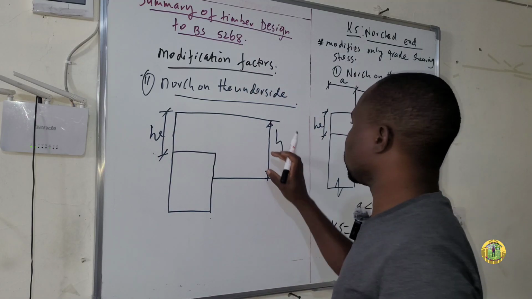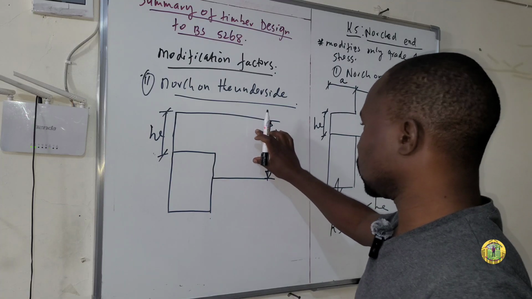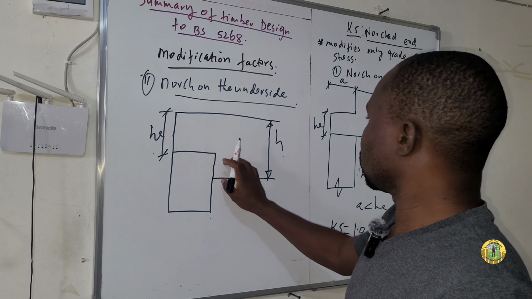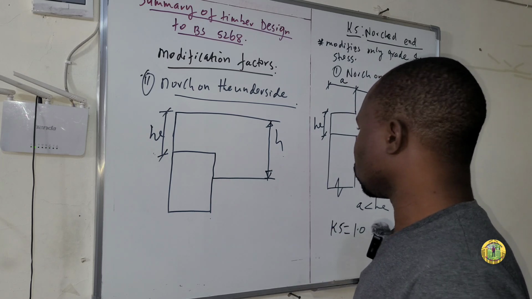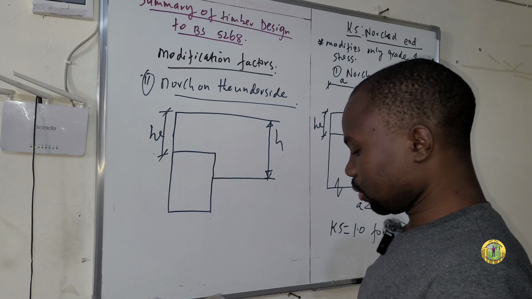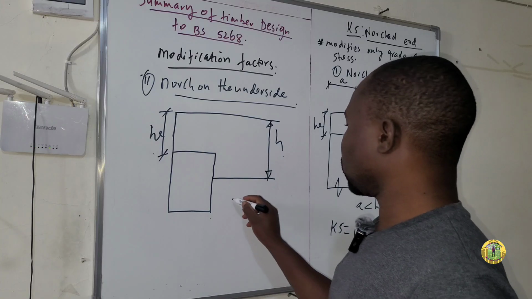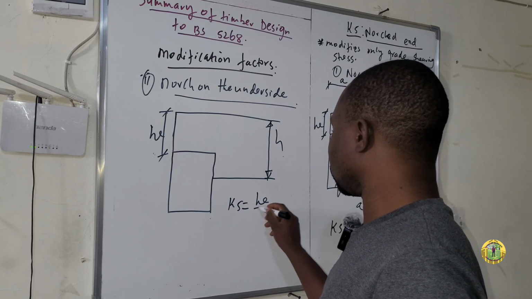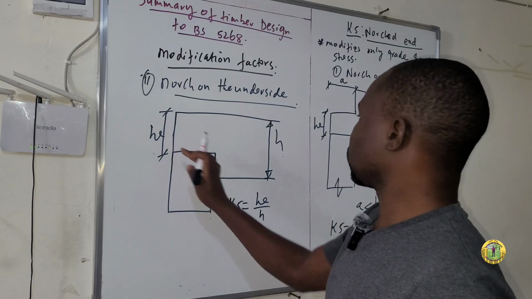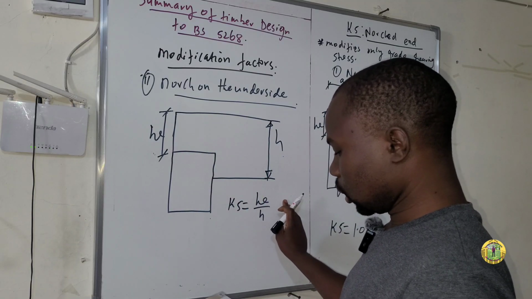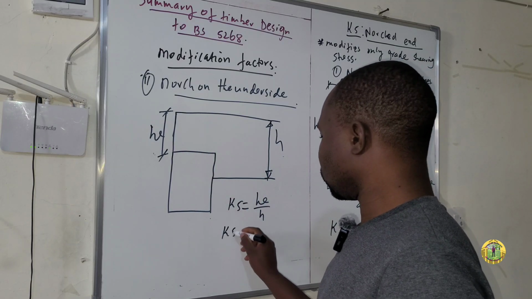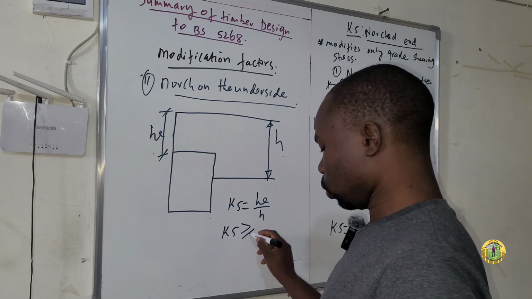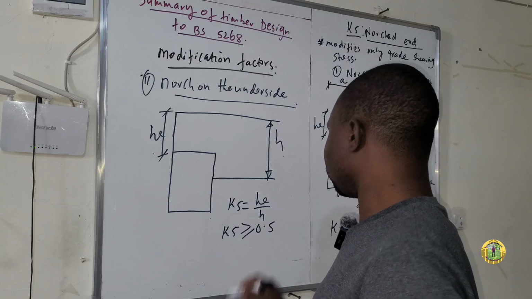So K5 is given by HE all over H, and it must be greater than or equal to 0.5.